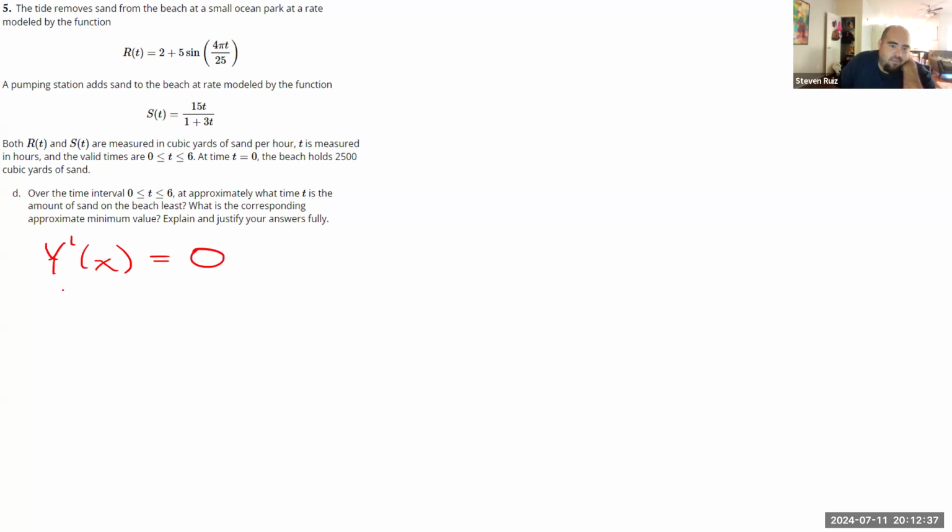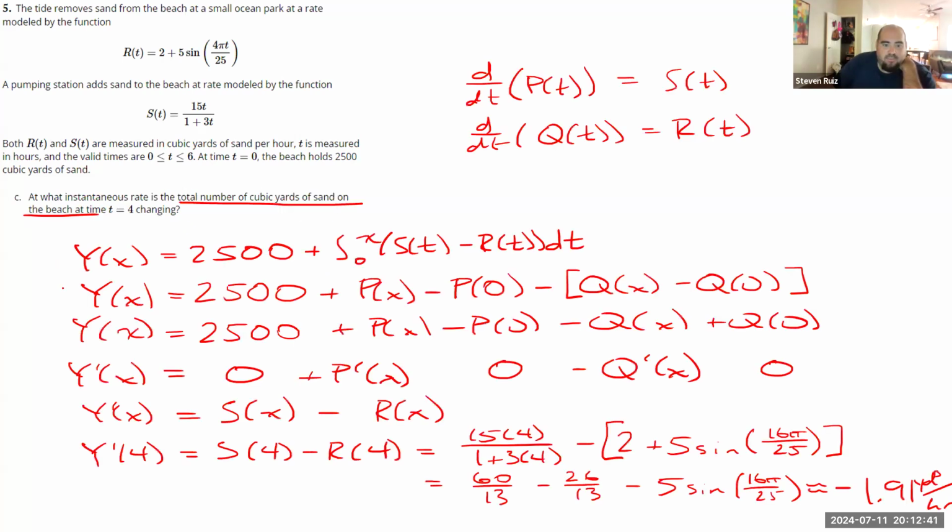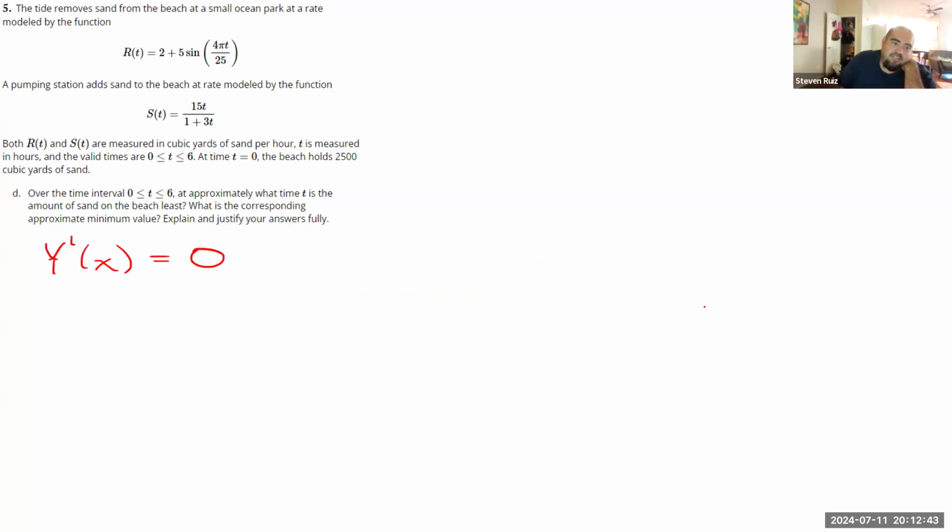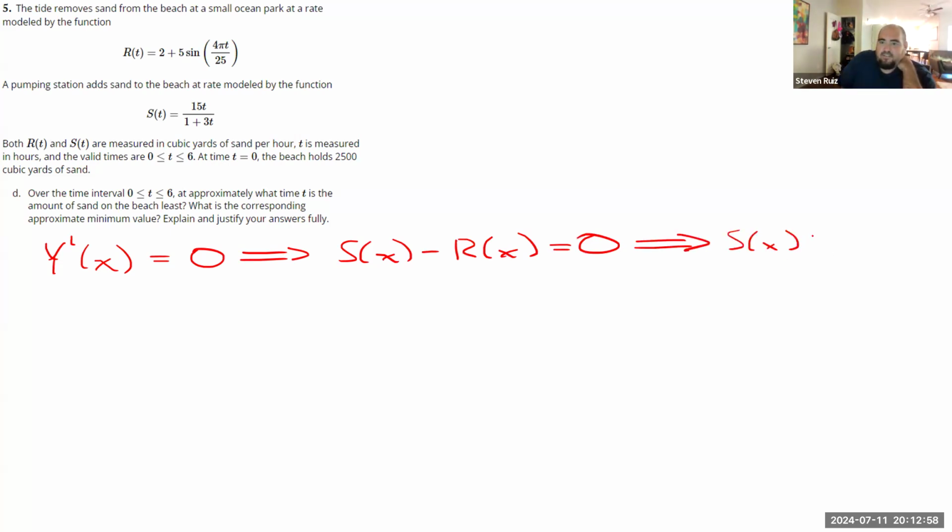So where will that derivative be equal to 0? Well, what is the derivative of y? We said it was S of x minus R of x. So this is equivalent to saying S of x minus R of x equals 0. If the difference of these two things is 0, that means that S of x equals R of x.